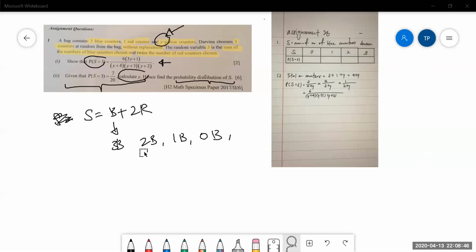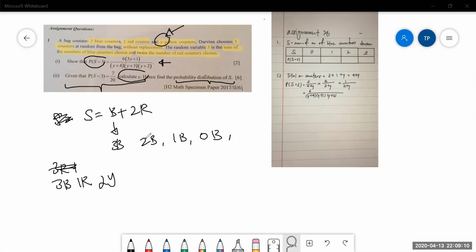Okay, so now you know y equals 2. There's another root, but it cannot be because it's negative. So we know that we have 3 red, 3 blue, 1 red, 2 yellow.